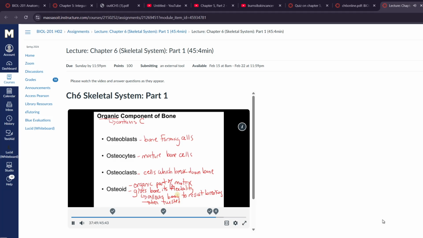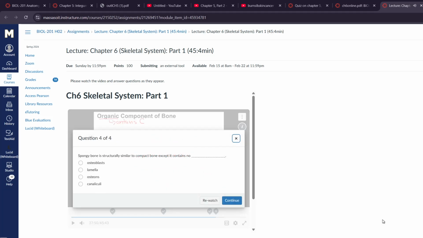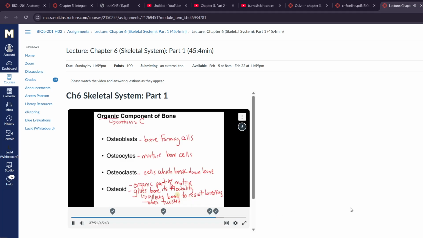Okay, that is called the osteoid. So those are the organic components.